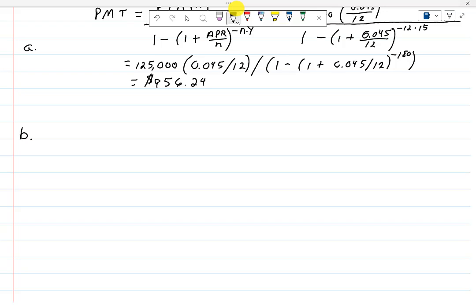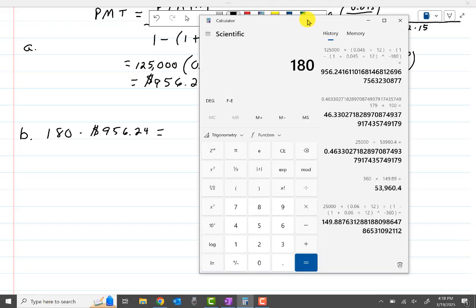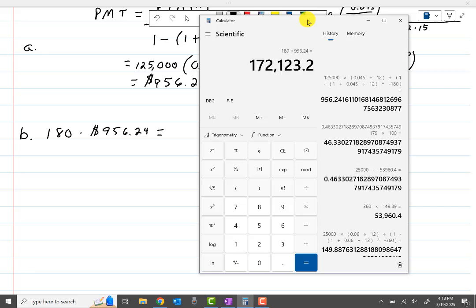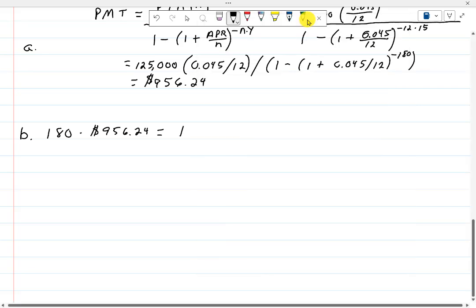Part B asks us the total amount that we spent on this loan. And that's easy because we had 180 payments, and each one of them was $956.24. 180 times 956.24. Enter. 172,123.20.